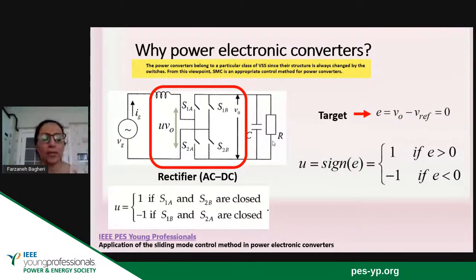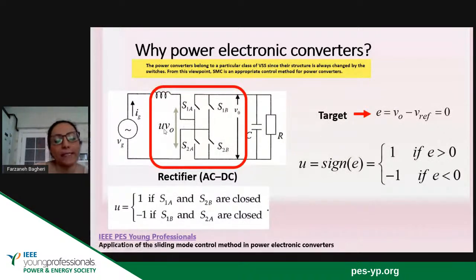As you can see here, we have 4 switches. It is an H bridge. When S1A and S2B are closed, then the input voltage of the H bridge is equal to the output, and when S1B and S2A are closed, the input voltage of the H bridge is minus V out.